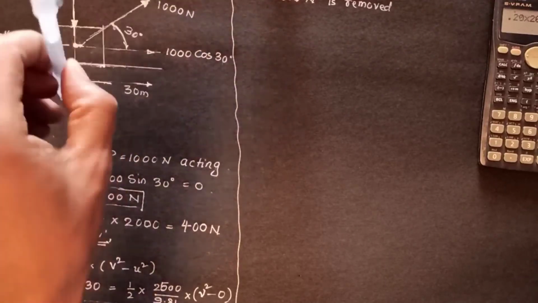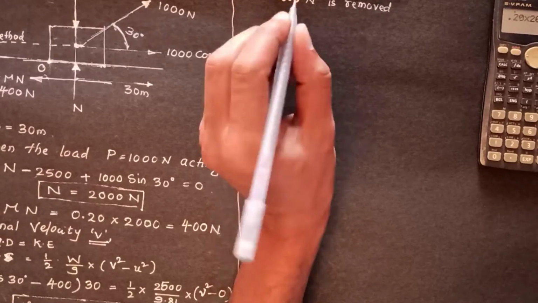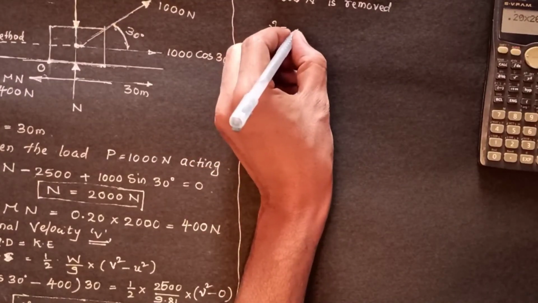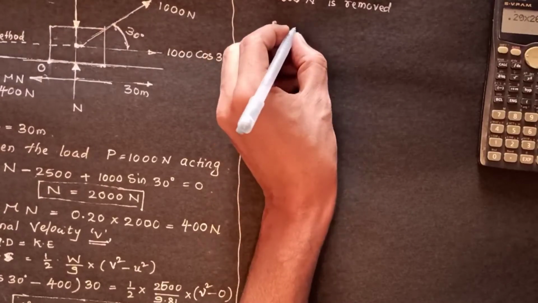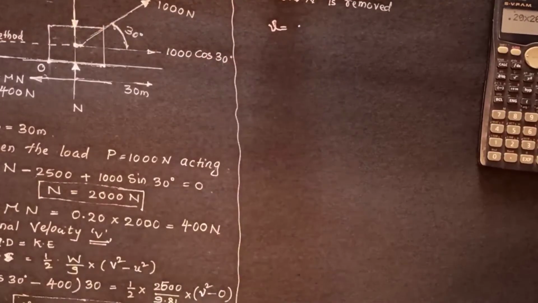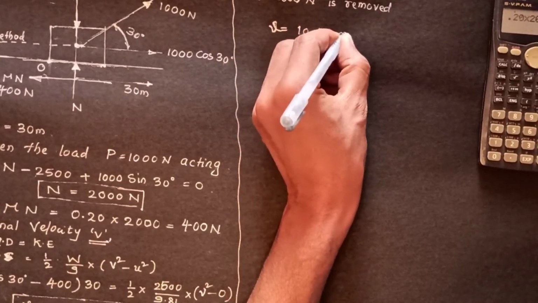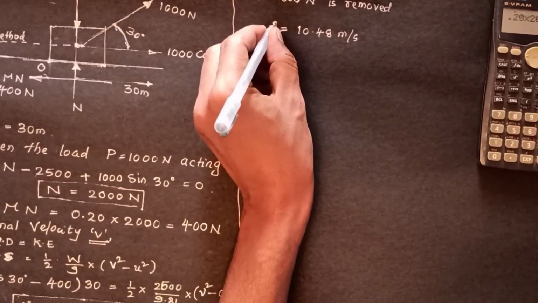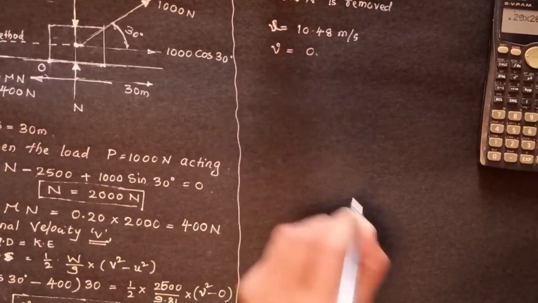So u we can take as the final velocity we calculated, 10.48 meter per second, as the initial velocity. Now the final velocity will be 0.